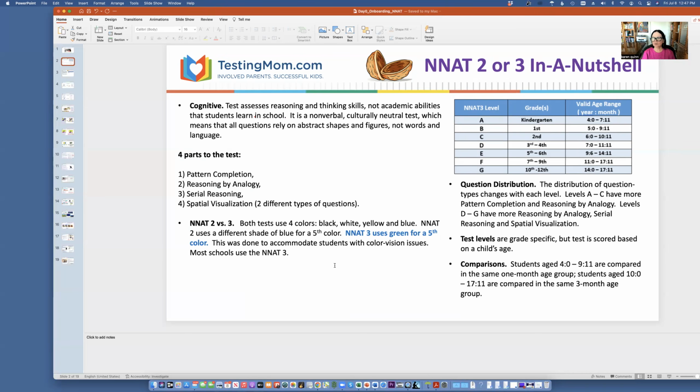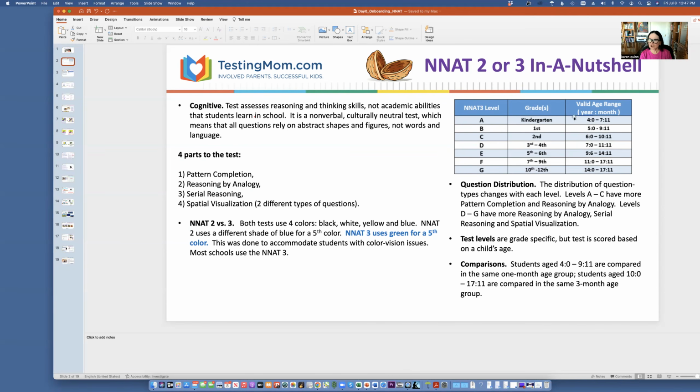And really the only difference is the old version uses 4 colors. The newer version uses 5 colors. So they've added a green color to the puzzles on top of the black, white, yellow, and blue colors that are in the puzzles. So it's essentially the same test from a test taker's point of view.